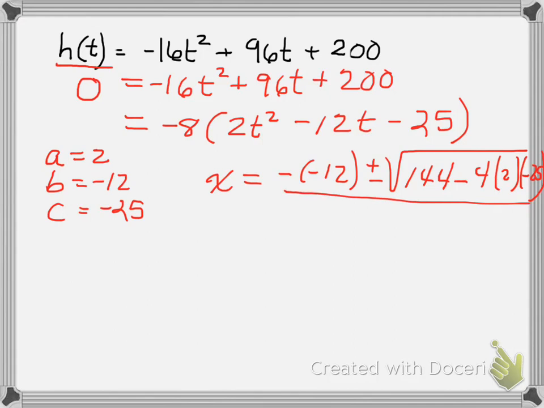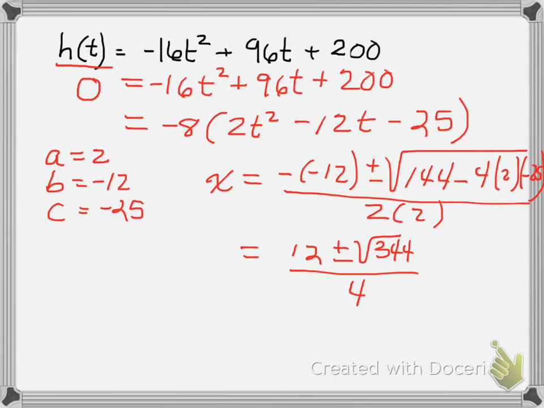And all of that is all over 2 times a, which is 2 times 2. So simplifying all of that, we get 12 plus or minus, and then our radical simplifies to 344, all over 4. Now this radical, since we're looking at a practical problem, we're going to go ahead and find an approximate answer for that.